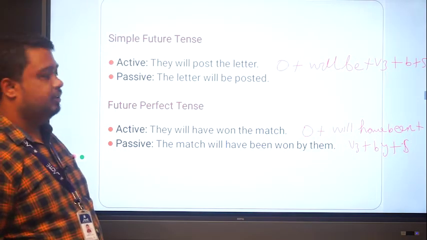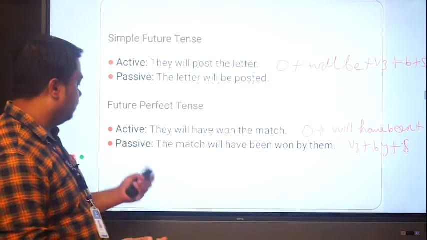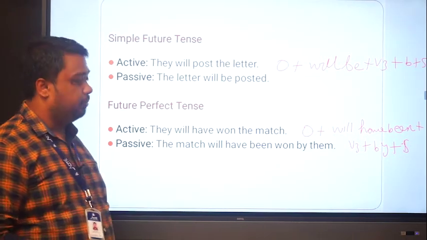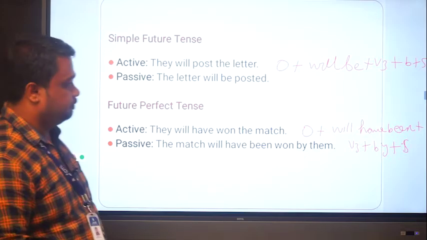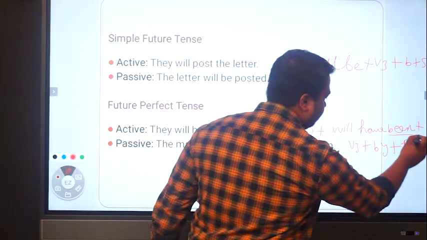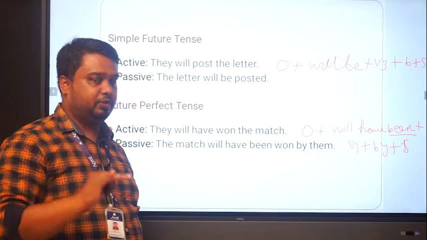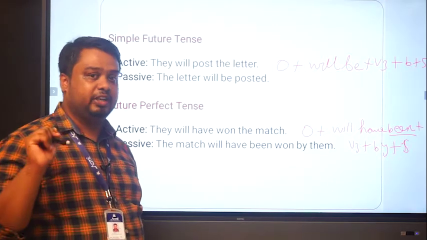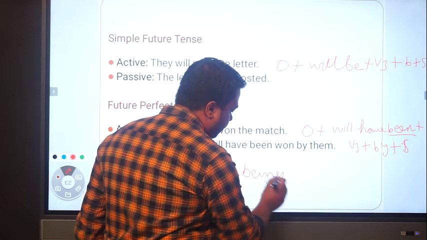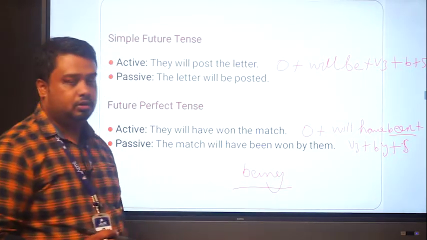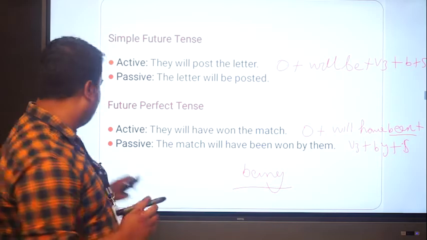I will have done the work, or the work will have been done by me. The match will have been won by them. So this is the format of future perfect tense. So remember, this been is very common for all three perfect tenses: present perfect, past perfect, and future perfect. And being, the word being, we saw it's very common for present continuous and past continuous. And have you noticed one thing?